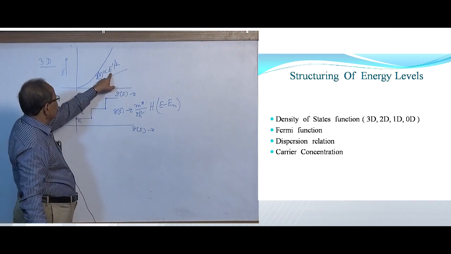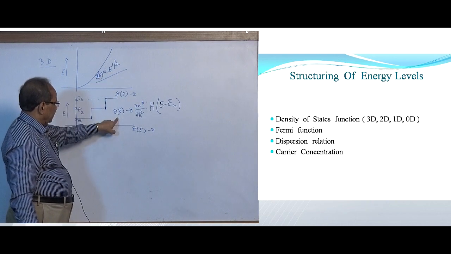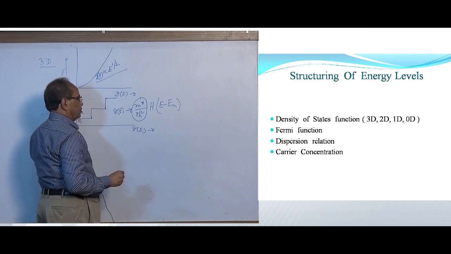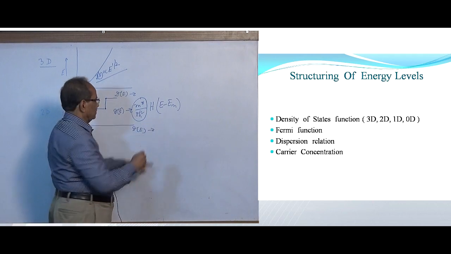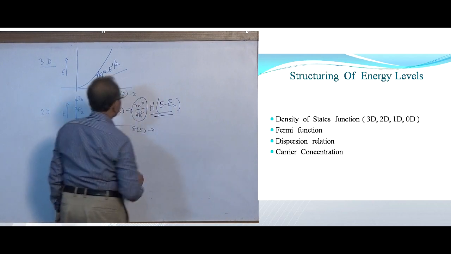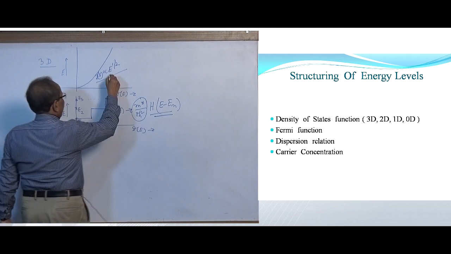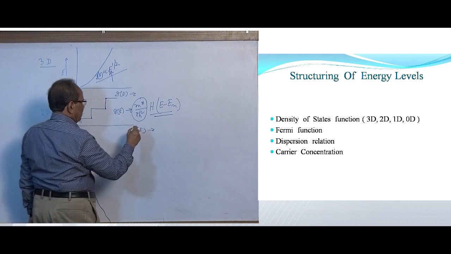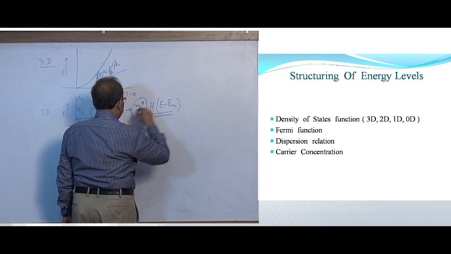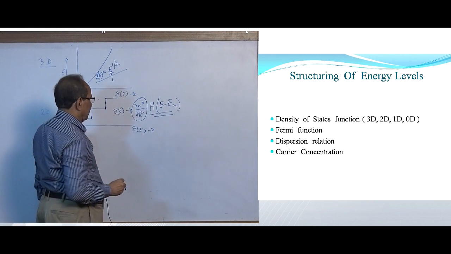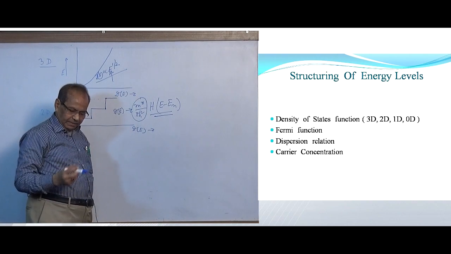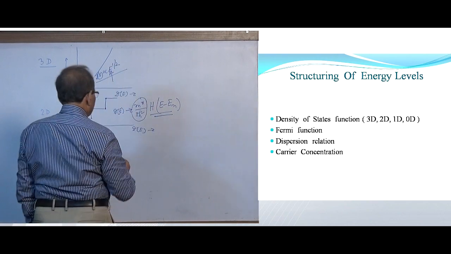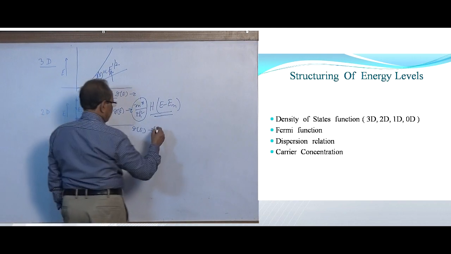I mean, it can take any value of e, but here the density of states is some constant, not any value. See, this is the change. Here any value of e, it can accept in 3D, but in 2D you see quantized value of the density of states. And from mathematics, the property of the Heaviside unit step function, what is that?